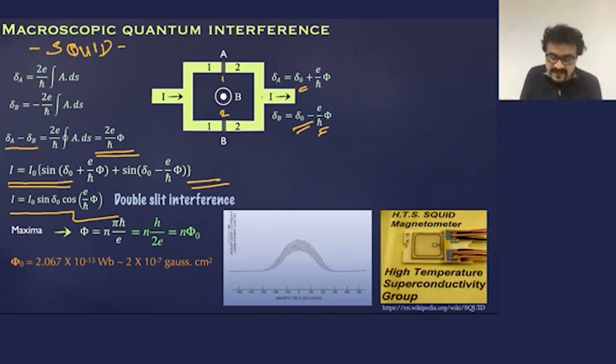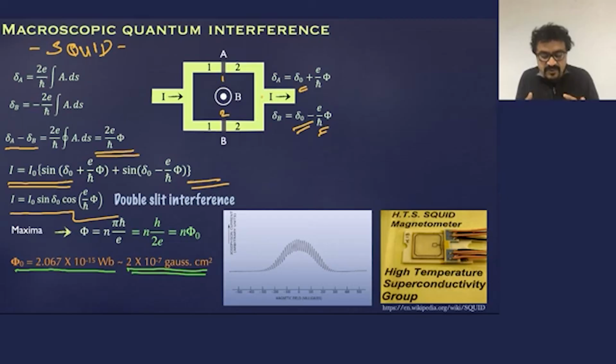If you look at the actual numbers, phi 0 is a very, very small quantity, approximately 2 into 10 to the power minus 15 Weber, or in terms of Gauss centimeter square, 2 into 10 to the power minus 7 Gauss centimeter square. It's a very, very small number. So you have a device whose current undergoes a full oscillation and shows high nonlinearity when the flux through the ring changes by about 2 into 10 to the power minus 15 Weber.